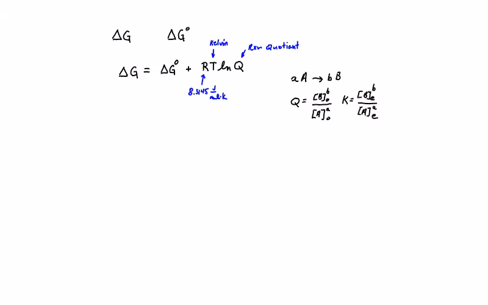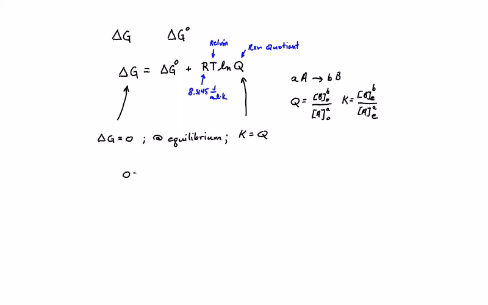If you think about it, we've already said that when delta G is equal to 0, then we are at equilibrium. We can also say that at equilibrium, K is equal to the reaction quotient. So we can plug these values into our equation up here and rewrite the expression.